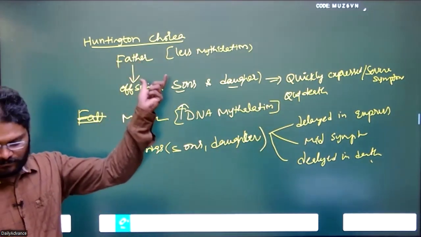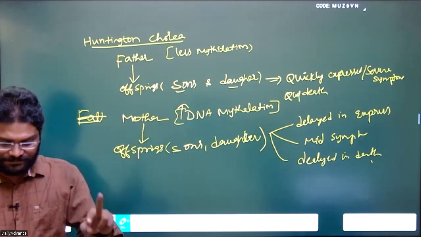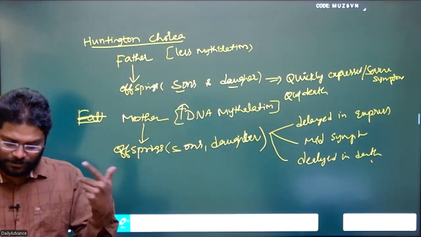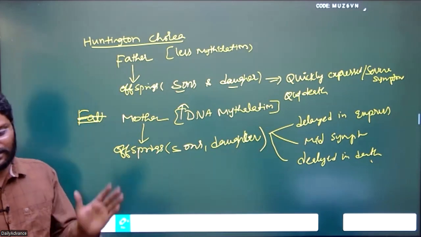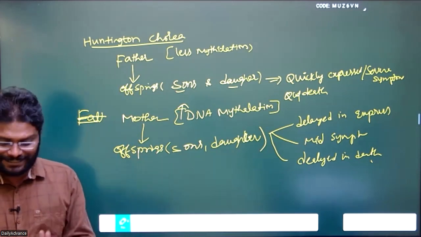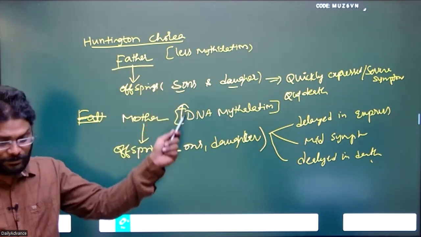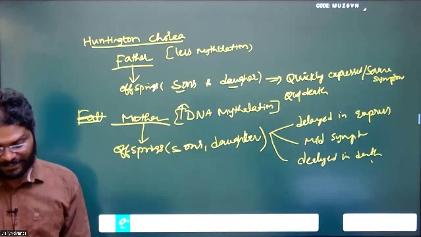So same gene, but expression differs time-wise, symptom-wise, severity-wise. This is one of the genes we can say is genetically imprinted. Father imprinted in one manner, mother imprinted in another manner.